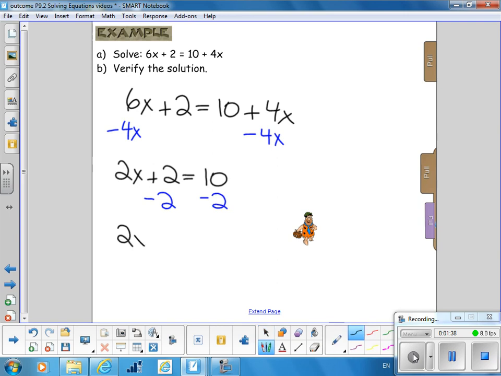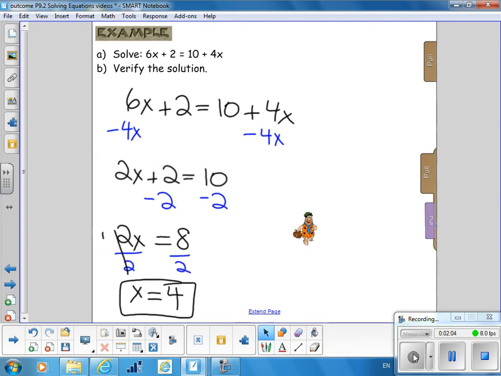So we end up with 2x, then 2 subtract 2 is 0, so it's gone, equals 8. 2x means 2 times x. The inverse of multiplication is division, so we will divide both sides by 2. 2 divided by 2 is just 1, so we're left with x equals 8 divided by 2 is 4. So our answer is x equals 4.